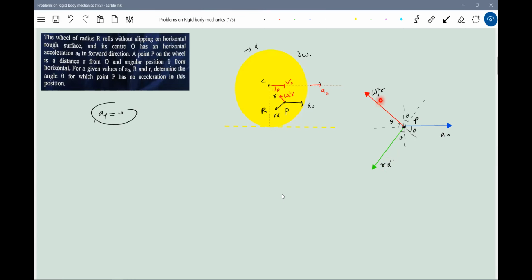So what about this point P on the ground? The acceleration along the x-axis will be zero. AGX will be zero as it is pure rolling. Okay, agree with this. But AGY will be non-zero.